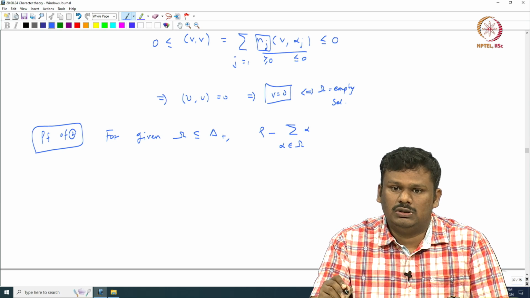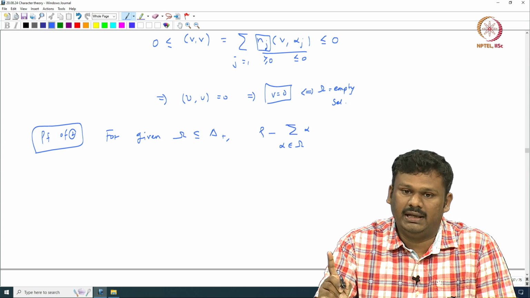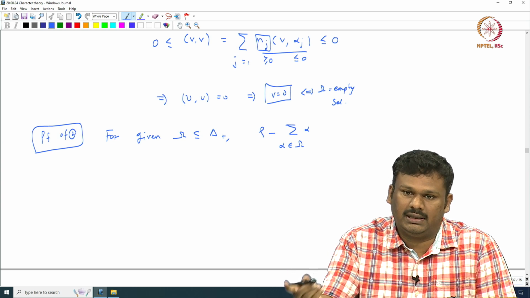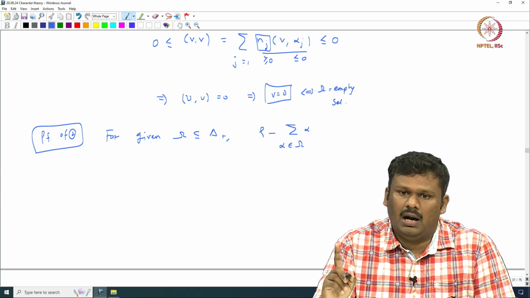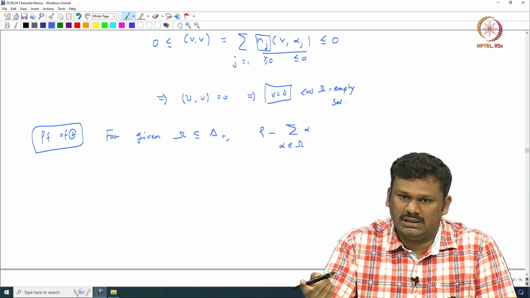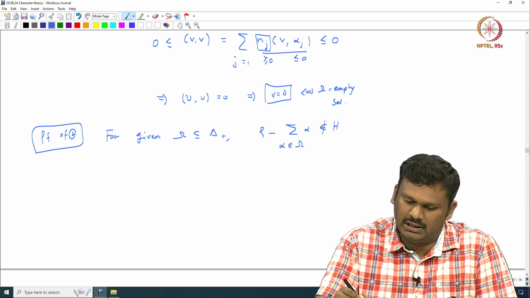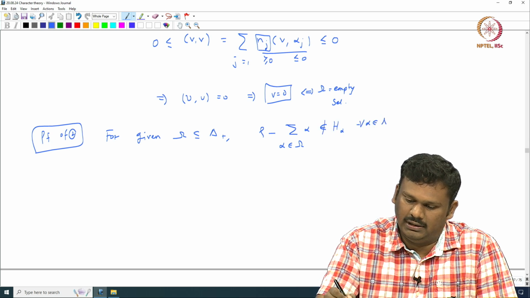We are making two statements: either it is in the reflecting hyperplane H alpha, or it must be of the form W rho. So only two choices are there. Let us say the first choice does not happen.